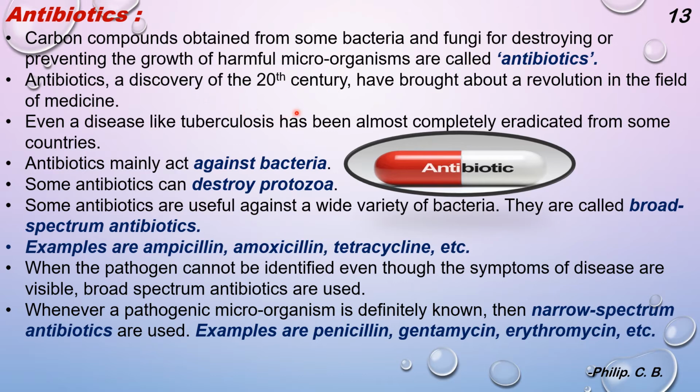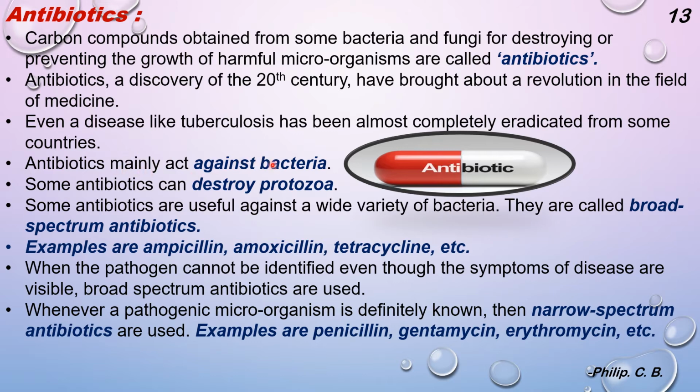Antibiotics, a discovery of the 20th century, have brought about a revolution in the field of medicine. Even a disease like tuberculosis has been almost completely eradicated from some countries. So this discovery of antibiotics has been a boon for all humans, because earlier, because of infection, there was a lot of death or a lot of disease caused. Now because of antibiotics, most of the diseases can be eradicated.